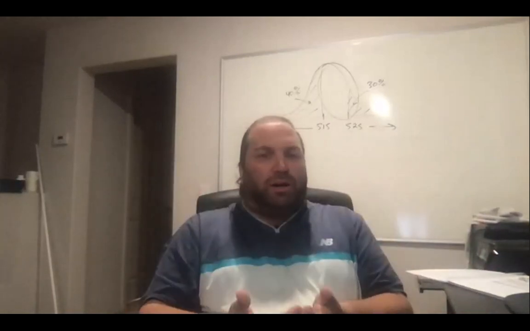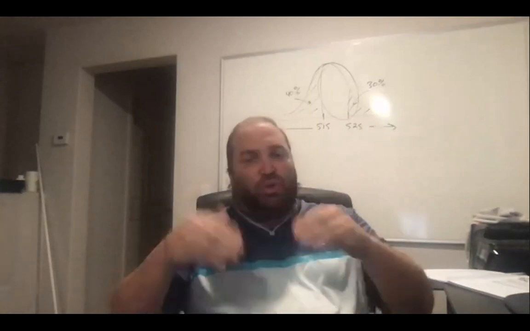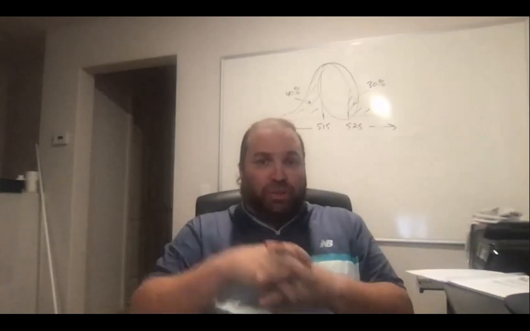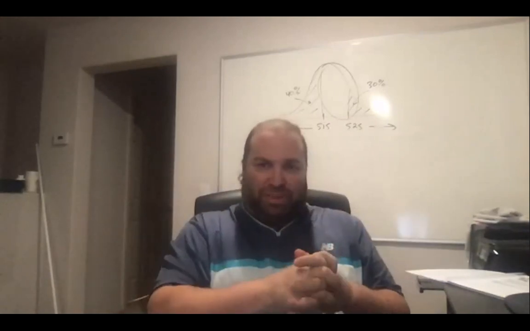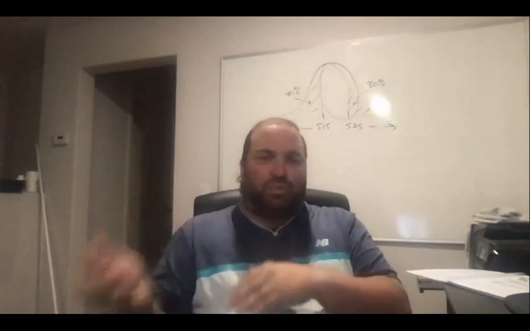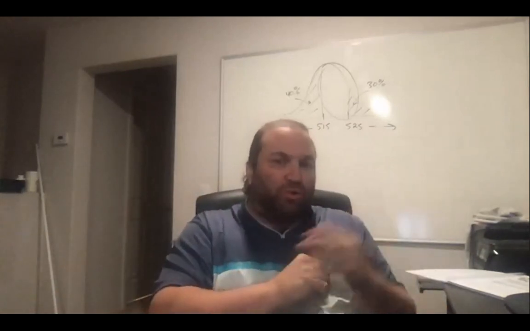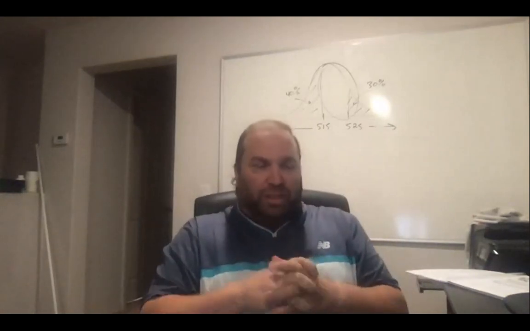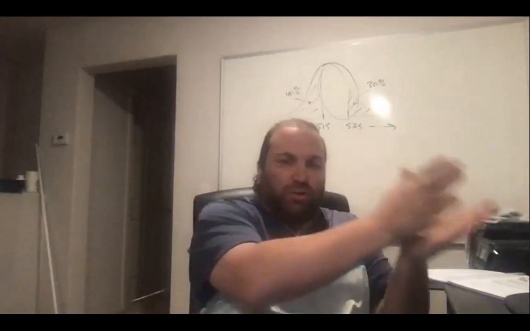But what we want to do now is look at 2 different variables and compare them. Does this explain this? Is there a connection between this and this? As this one goes up, does this one also go up? Maybe it goes down. Does it go up in a predictable way? If you change this a little bit, can I tell you how you're going to change that? We want to compare 2 different distributions.